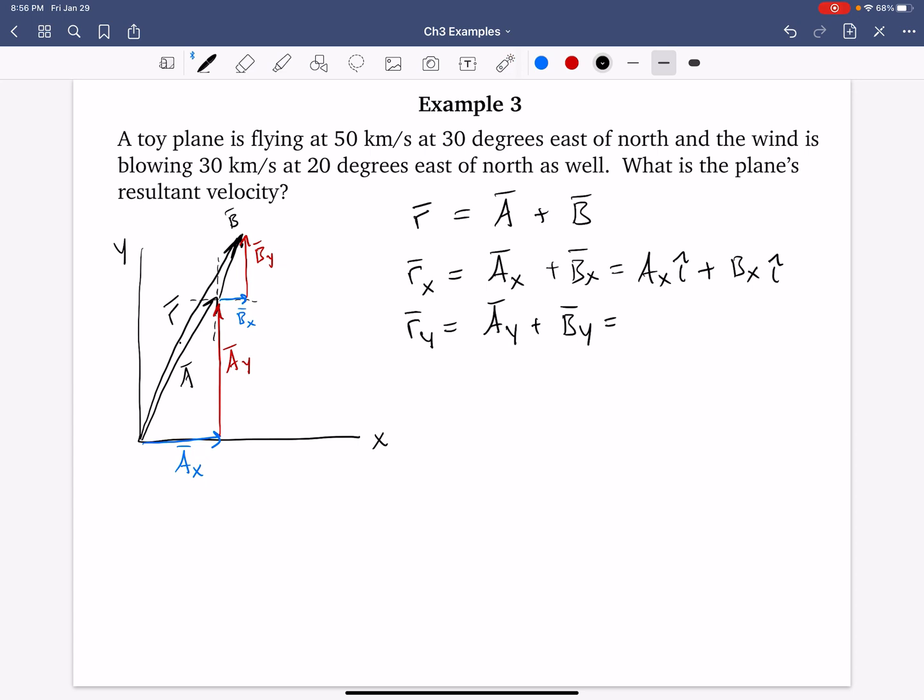And so now breaking up these terms into magnitudes and directions, we have AY is the magnitude, the direction, positive Y. So that's plus J hat, and same thing for the BY. And so again, in previous examples, we have had to input a negative here, right?